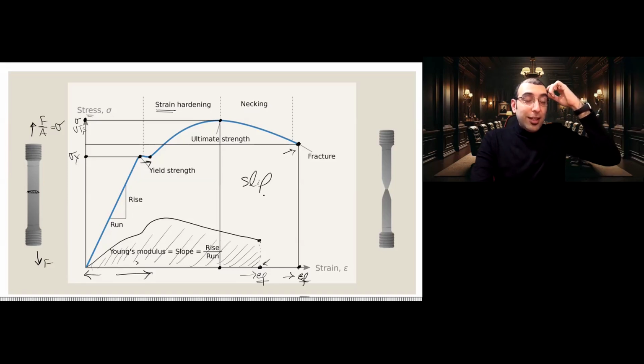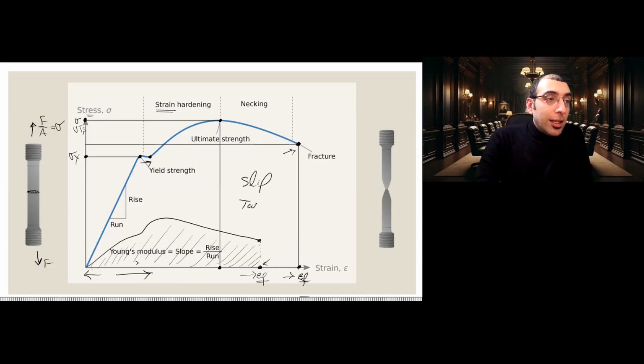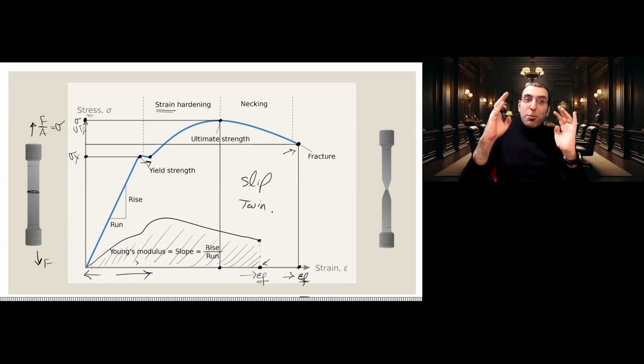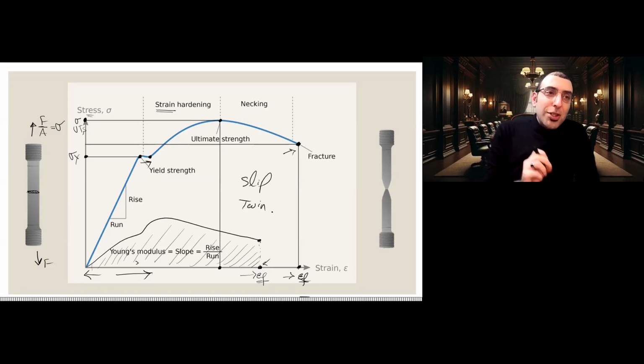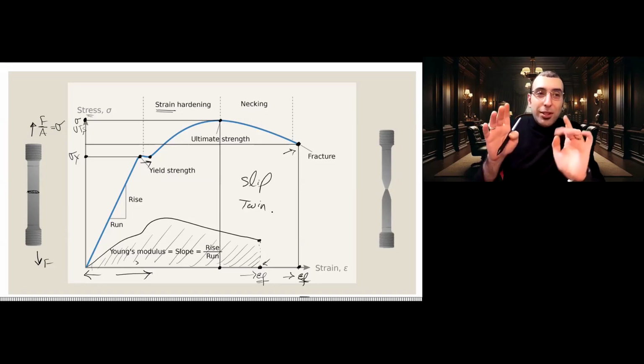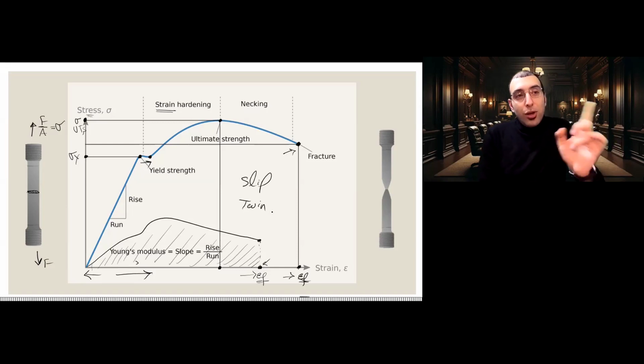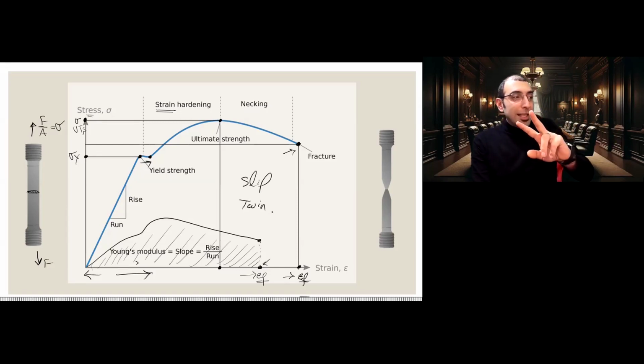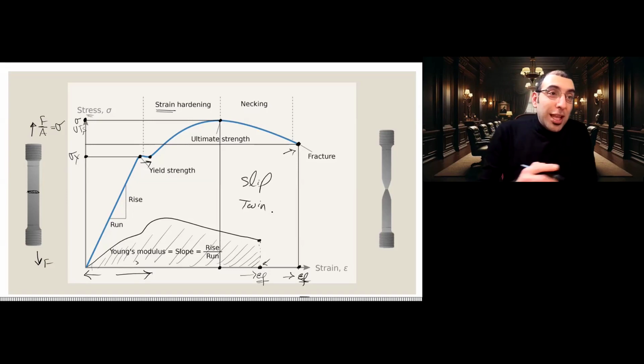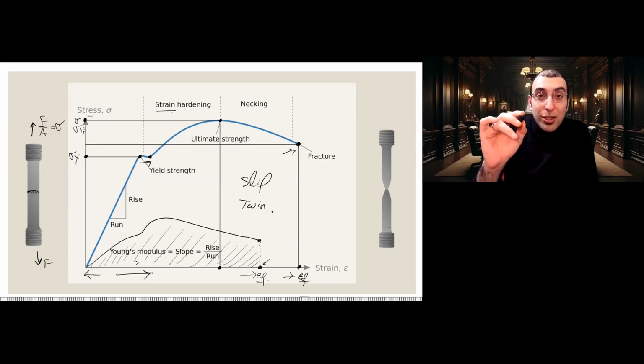Or another mechanism which is called twinning, just like a twin. Twinning has to do with the movement of partial dislocation, which is slightly different. But metals have these two routes. Sometimes they take one or the other, or sometimes they take both. So that's about plastic deformation and movement of dislocations within the plastic region, which is really important.